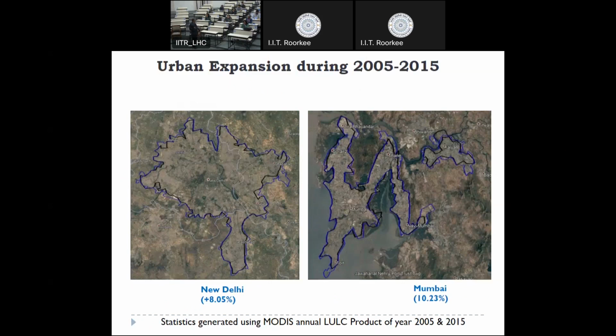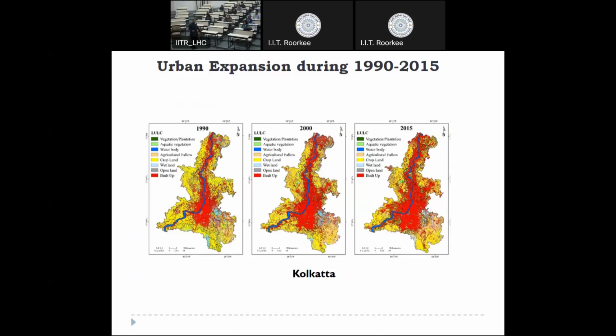So all our cities are expanding like anything, and while expansion is taking place, it is haphazard growth. At very few places are the urban areas planned and growth is planned. Same is the situation for Calcutta from 1990 to 2015. You can see the kind of growth taking place.